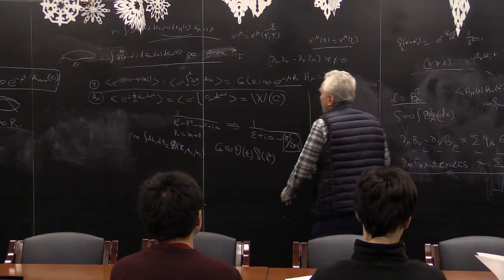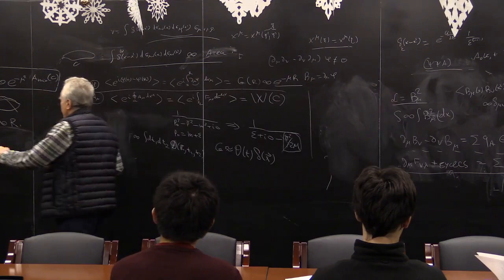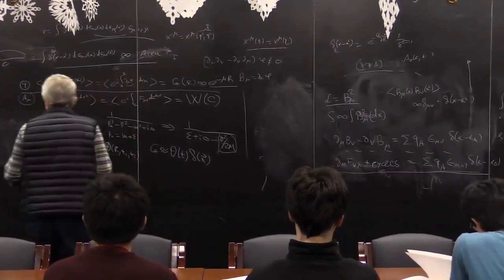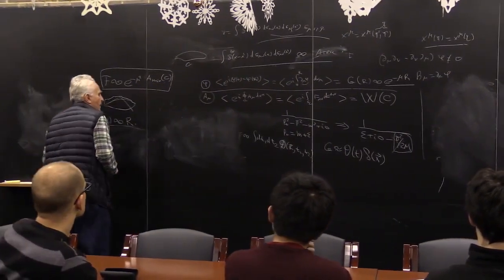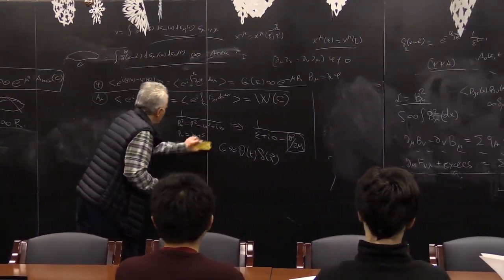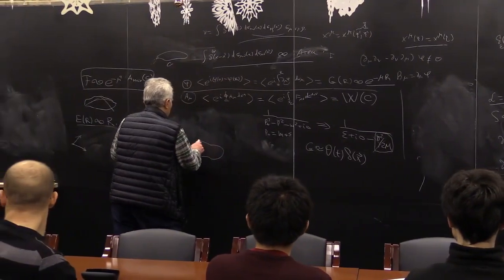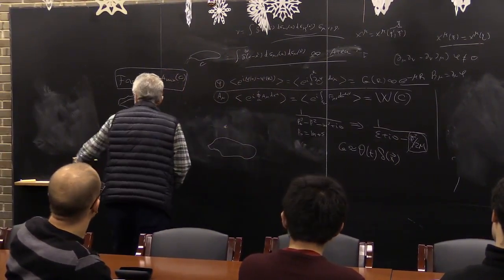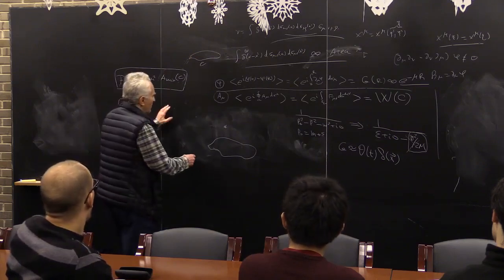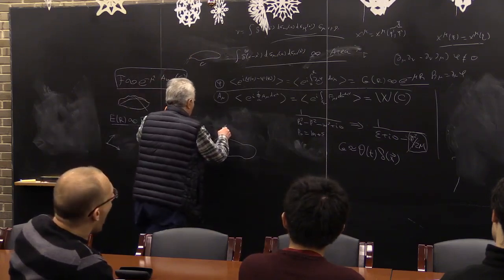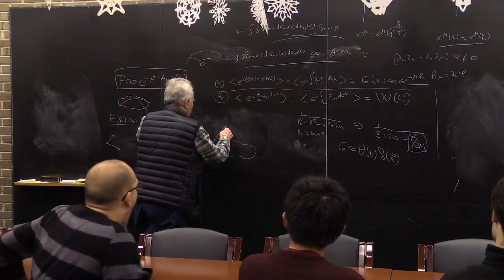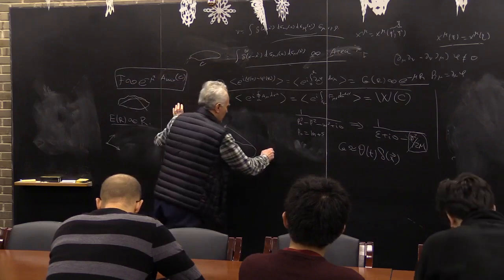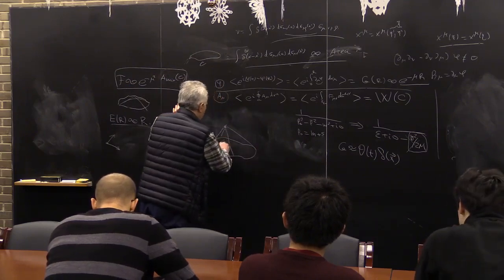So, how are these things really calculated? The calculation is actually simple. You take a loop, and you first calculate the contribution of one monopole, and we saw last time that this contribution is easy to calculate.